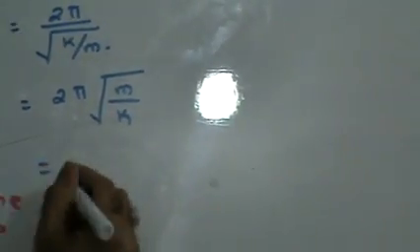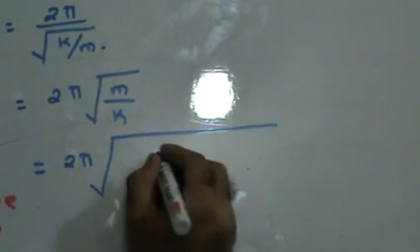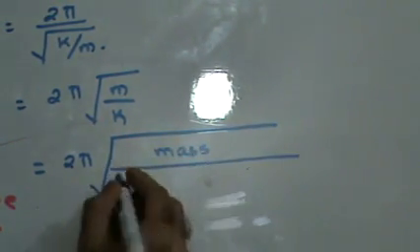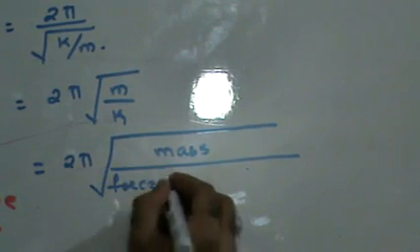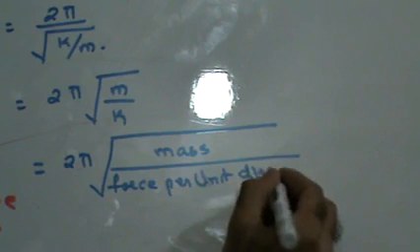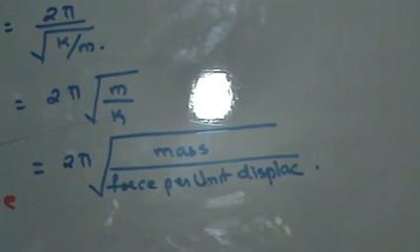And T is also equal to 2 pi root of mass upon force per unit displacement. Right? Those are the different expressions that you can have for time period of a particle performing SHM. Next.